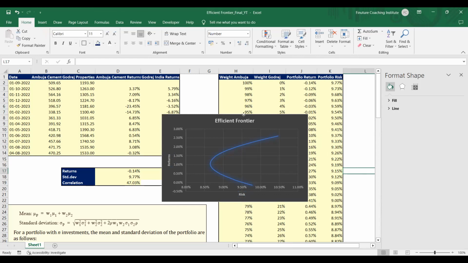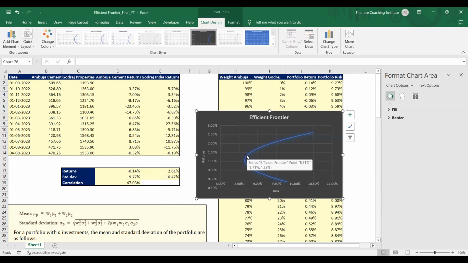So basically, if you notice over here, its risk is 8.71, standard deviation is 6.71, and returns is 1.32. Similarly, you will notice another portfolio at 8.71 somewhere here. Let me just go down to 8.71.